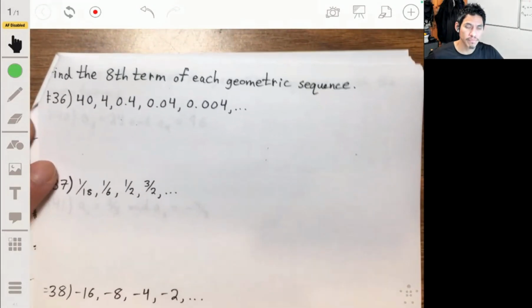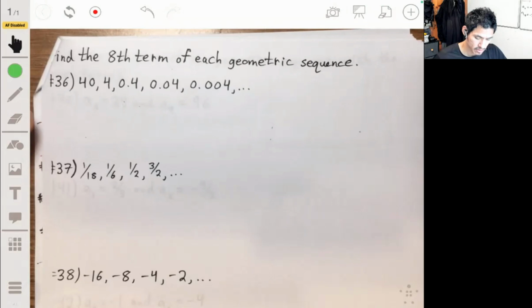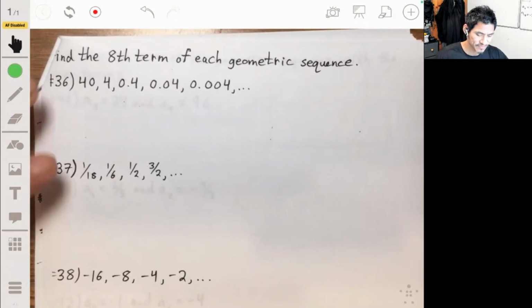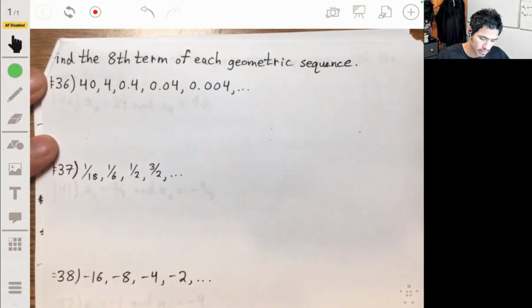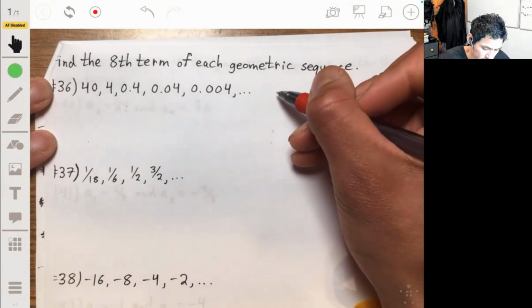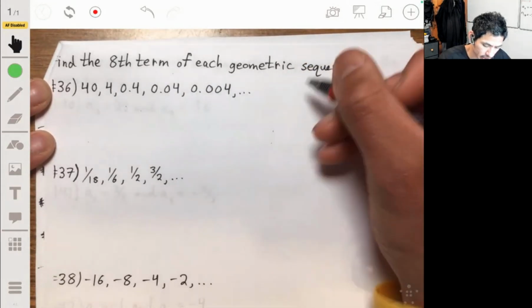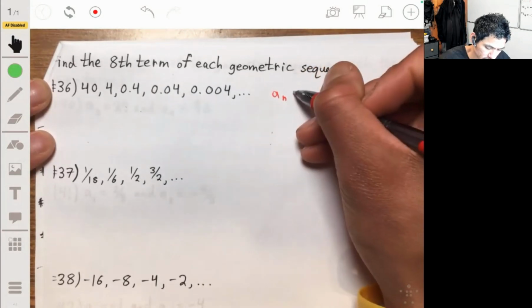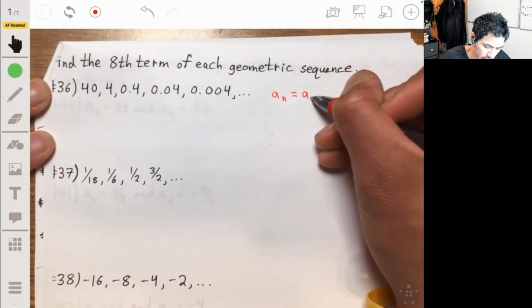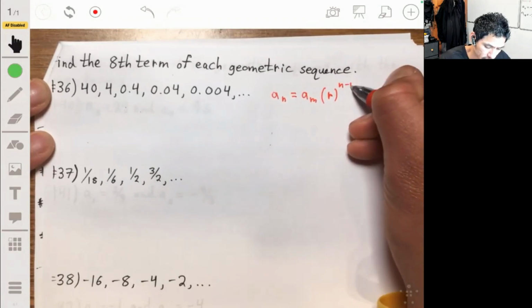So now we're gonna look at some practice with geometric sequences. All right, so we want to find the 8th term of each geometric sequence, and let's refer to this formula, where the nth term of a geometric sequence is equal to am times the common ratio r to the n minus m power.